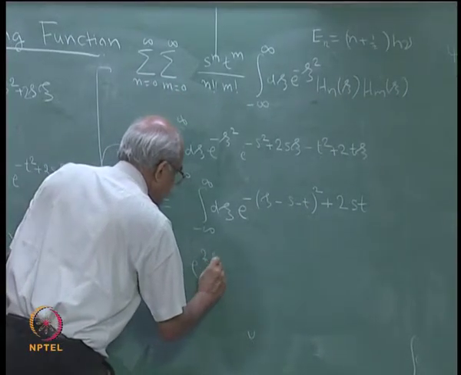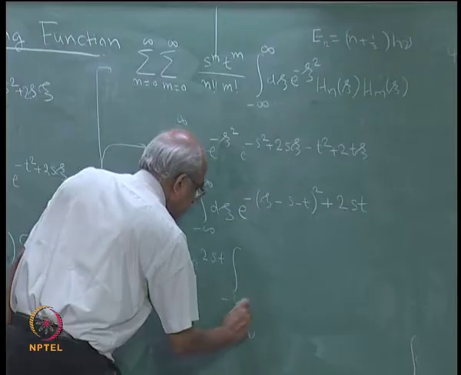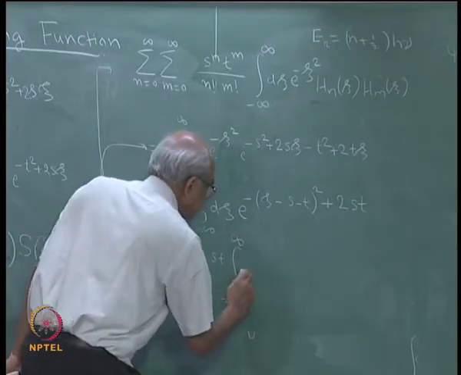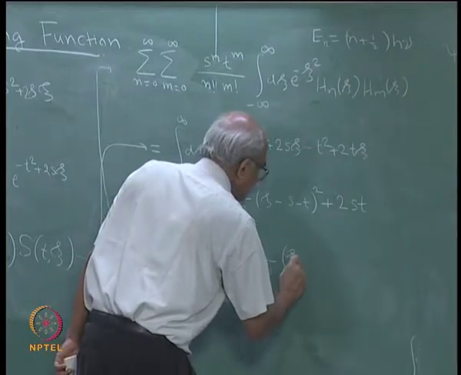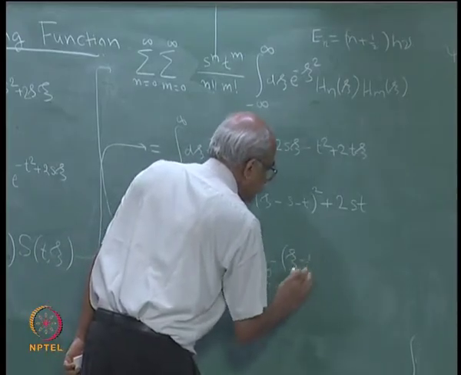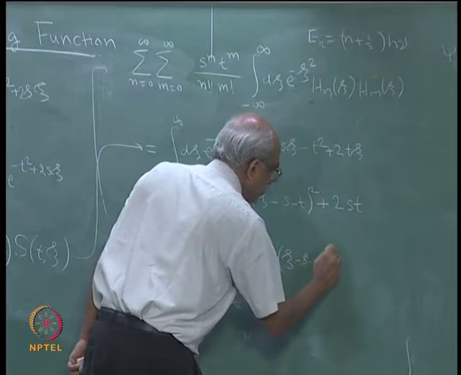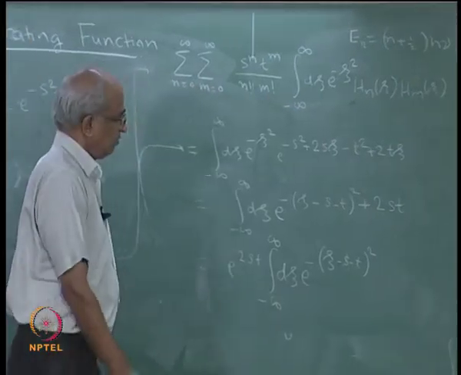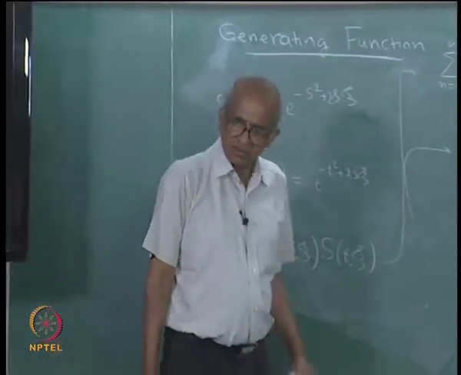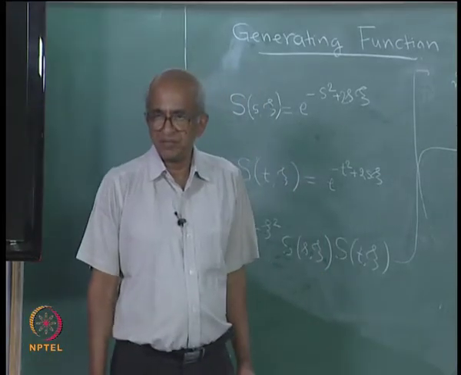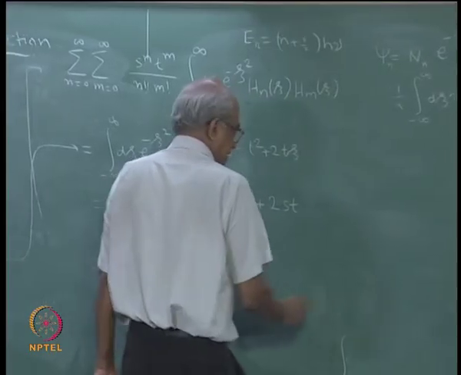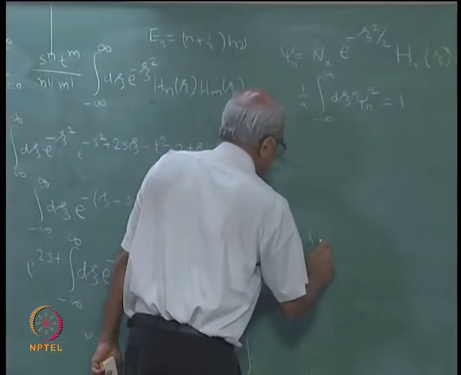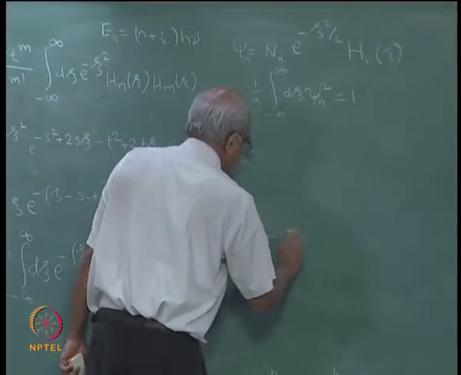So, e to the power of 2st times the integral from minus infinity to plus infinity dx of e to the power of minus c minus s minus t the whole square. That is what the integral is. And now you can make the substitution c minus s minus t equal to y.